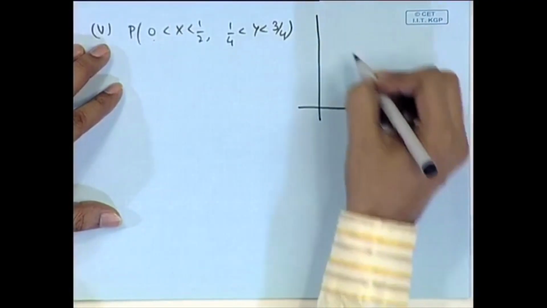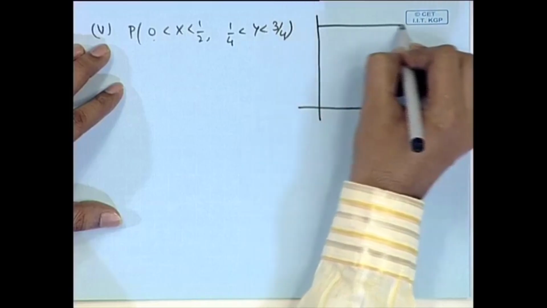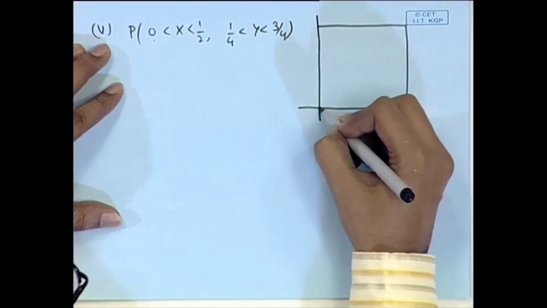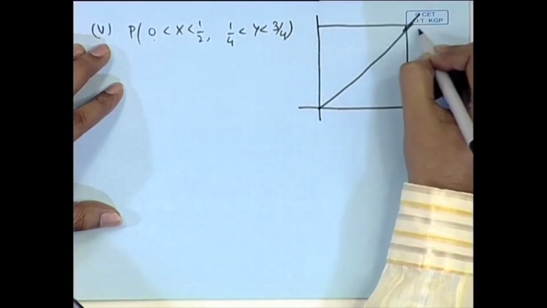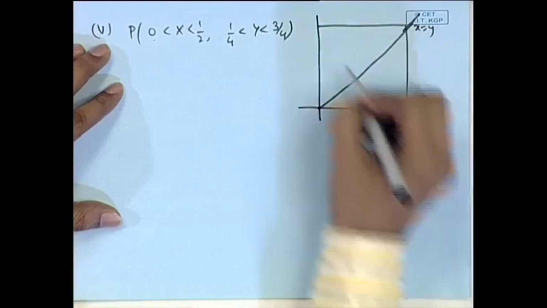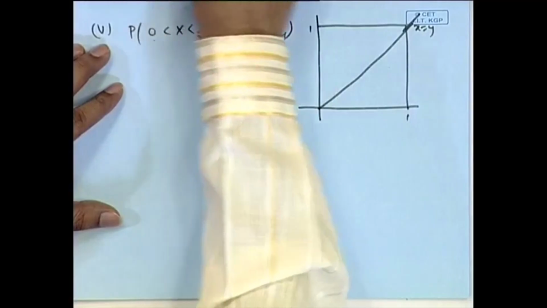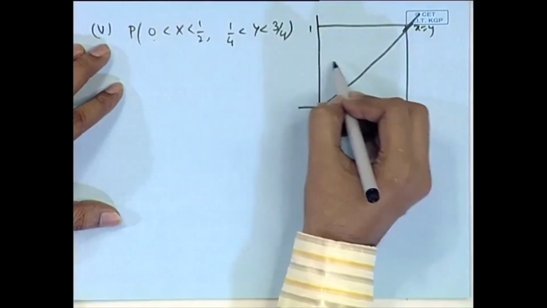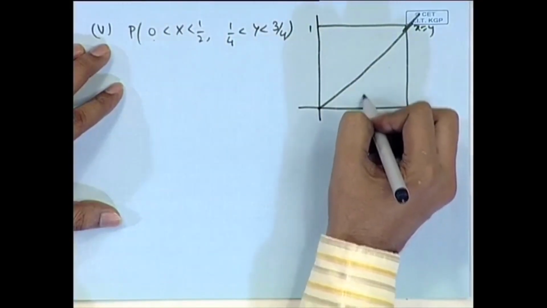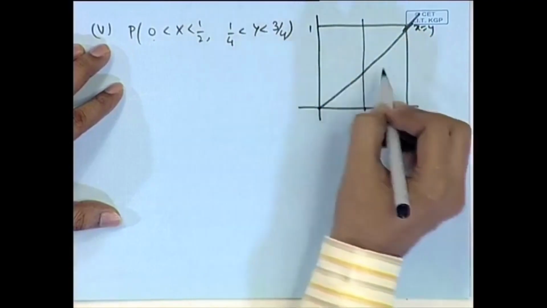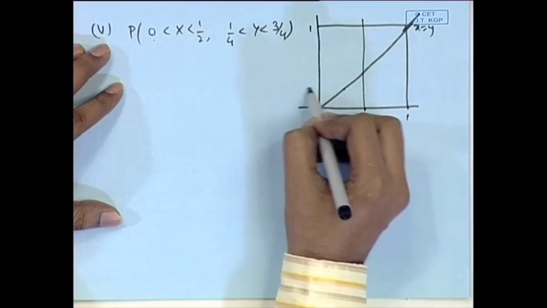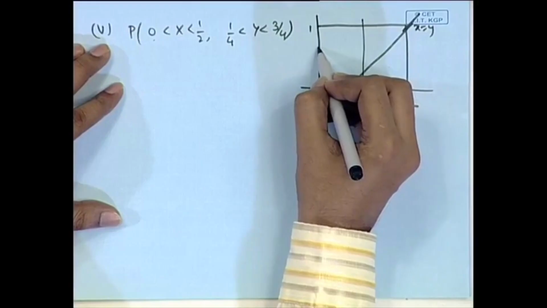So, the line x = y is this. x is between 0 and 1/2, and y is from 1/4, that will be somewhere here, to 3/4.